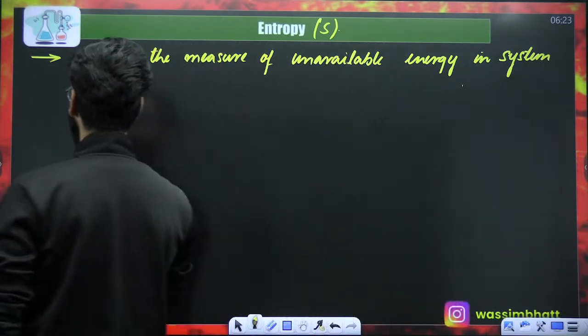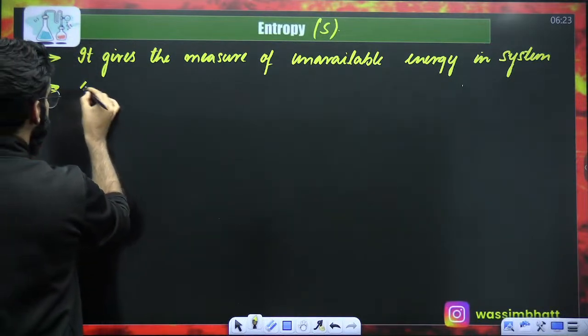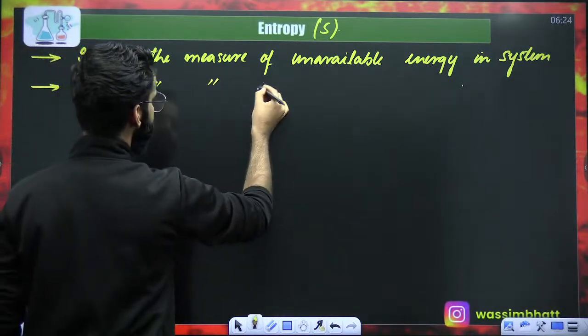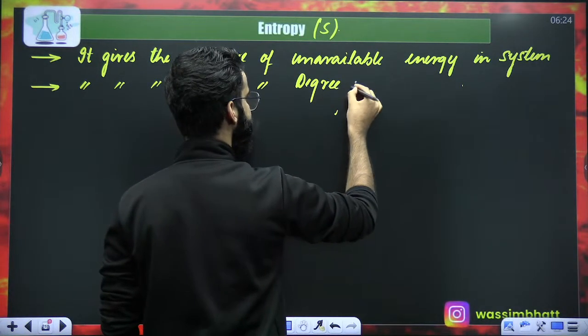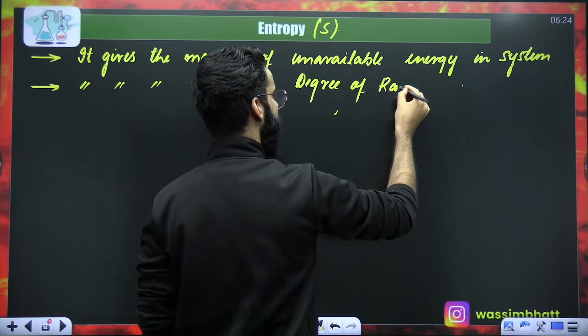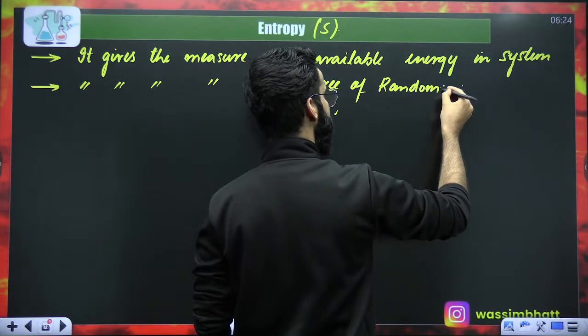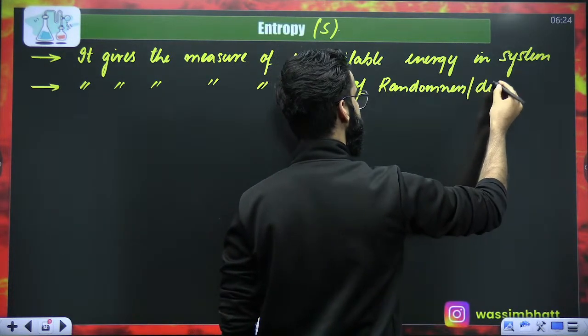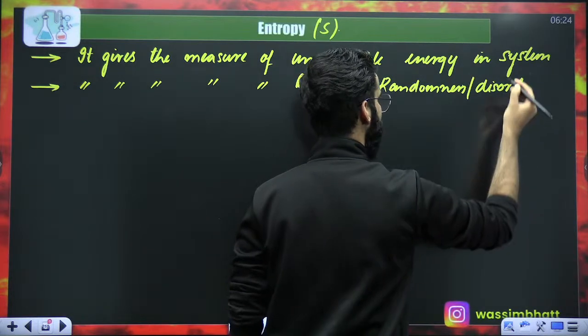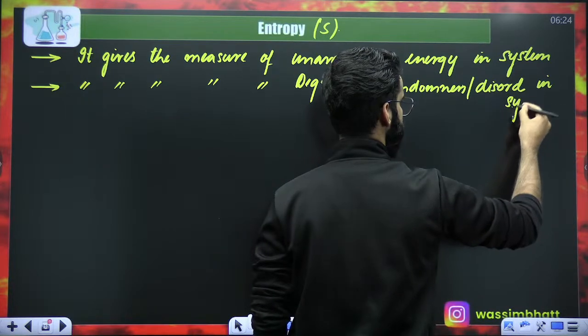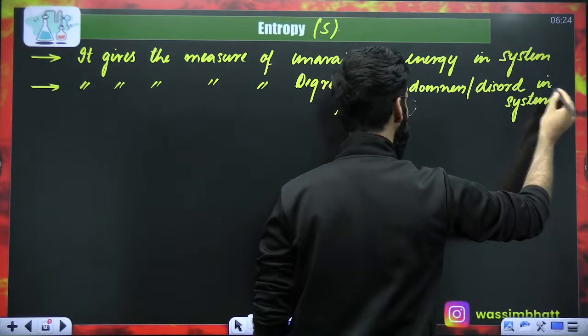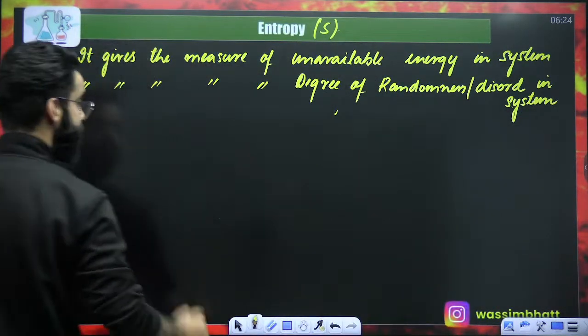Point number two. It gives the measure of degree of randomness or disorderness present in the system.